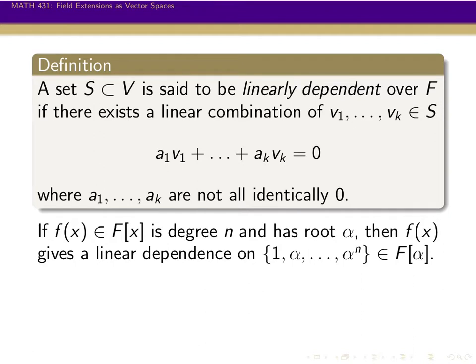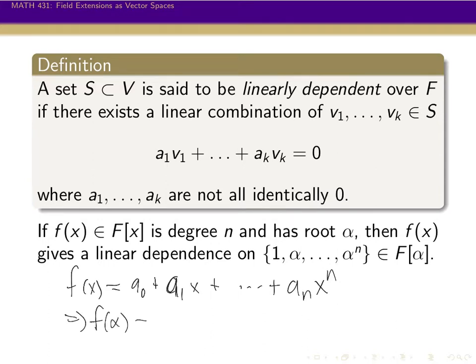So if f(x) is a0 + a1 x up to an x^n, well, that means if you plug in alpha, this is a0 + a1 alpha plus an alpha^n.